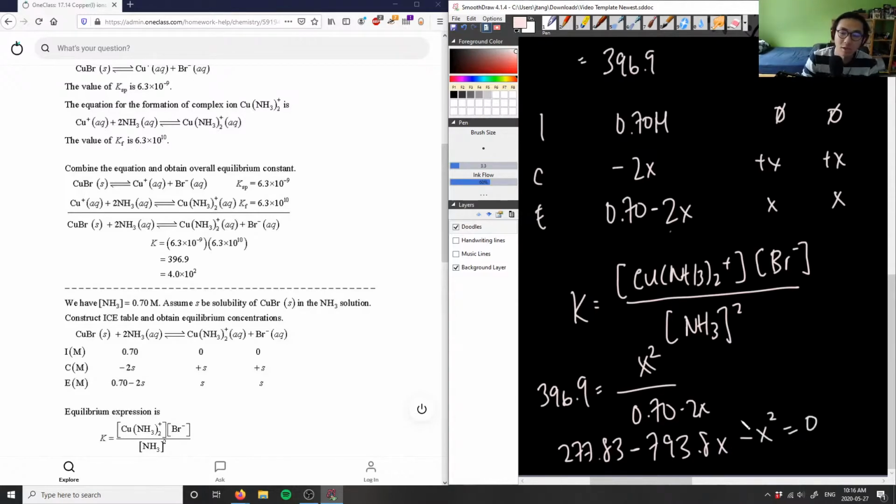Then I can use the quadratic formula to figure out what x is. I'm not going to use a small x approximation because I don't know if x is actually small enough here. So I'm just going to use the quadratic formula instead. So negative 1, negative 793.8, and 277.83. I'm going to get a value of 0.349, and that's the only positive value that I get here. So this is 0.349, or you can say 0.350.